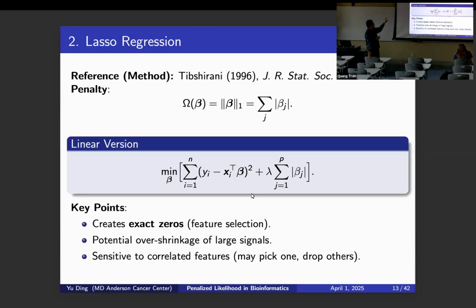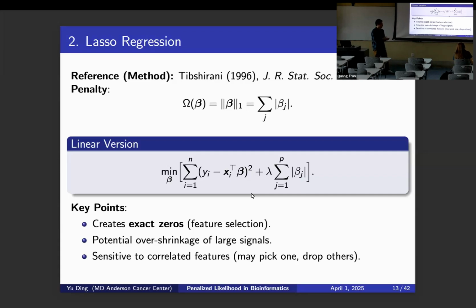Okay, so first of all, I would like to introduce the form of lasso regression. Lasso regression takes the L1 norm of the coefficient vector beta. In detail, it is the sum of the absolute value of each element within beta. That's quite simple, right?